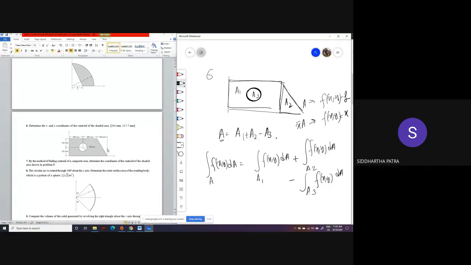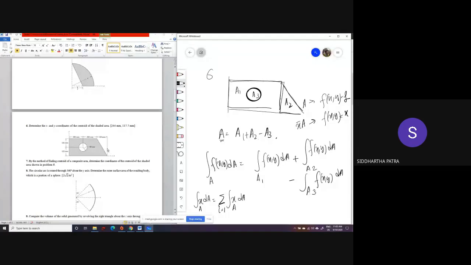Okay, so when I'm calculating the area, the integrand is 1. When I'm trying to get the centroid, my integrand should be x. So if I do x dA, it is going to be x dA over A1, or for that matter summation over i.